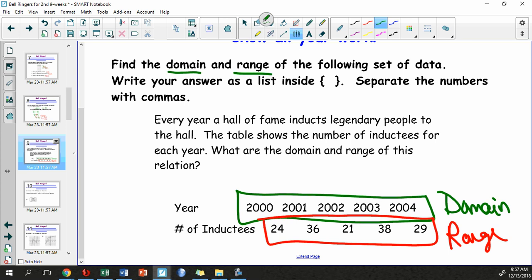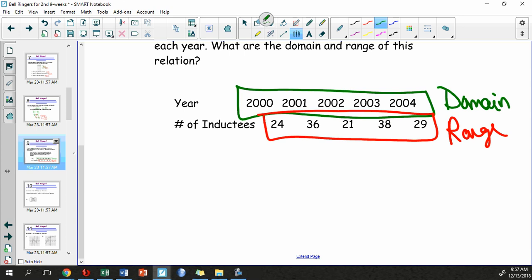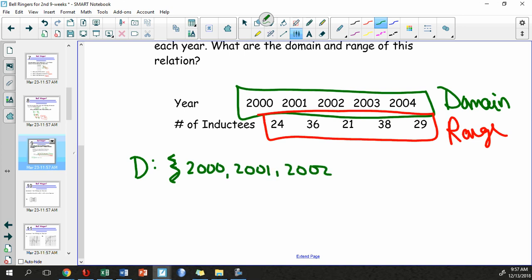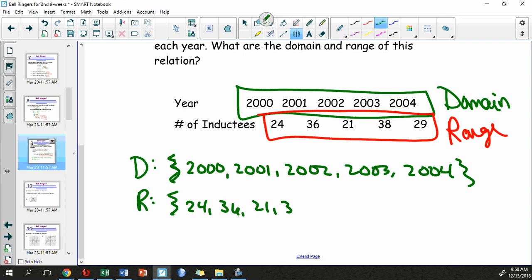Write your answer as a list and use braces. Translation, what I want to see is brackets. So 2000, 2001, 2002, 2003, 2004. Then my range is 24, 36, 21, 38, 29.